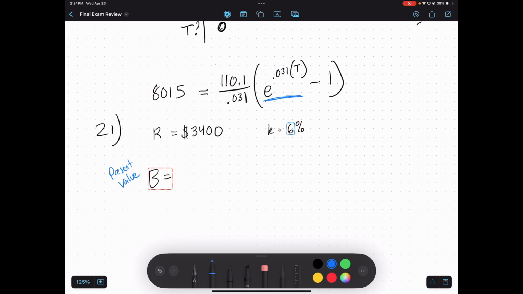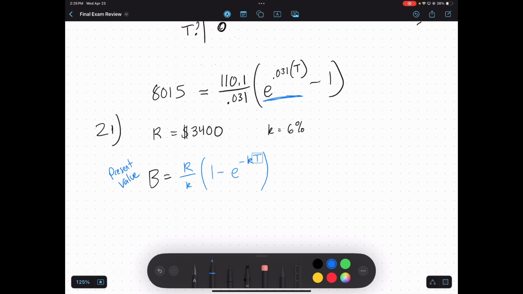It asks you, find the accumulated present value of an investment if there's a perpetual money flow. Okay, and if you remember, this problem broke down really easily to just a simple R over K. That's all it ended up being. The reason why is because if you think about the rest of the formula, you get this 1 minus e to the negative kt. But if you're letting t get infinitely large, this is the decaying exponential, so that just goes to 0.